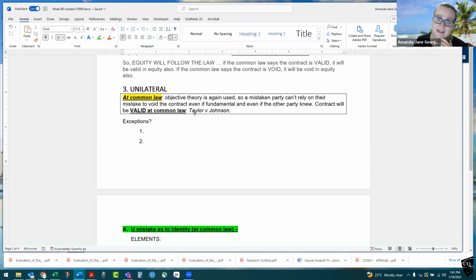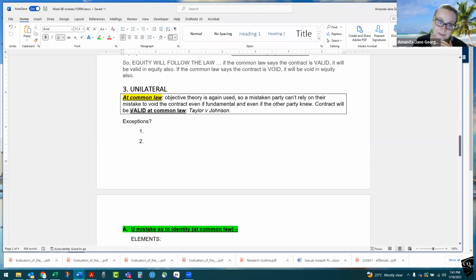Now, the contract itself was very clear. So at common law, that contract would have been enforced. The interesting thing is that there was naughtiness involved in that case, and so equity was able to step in.